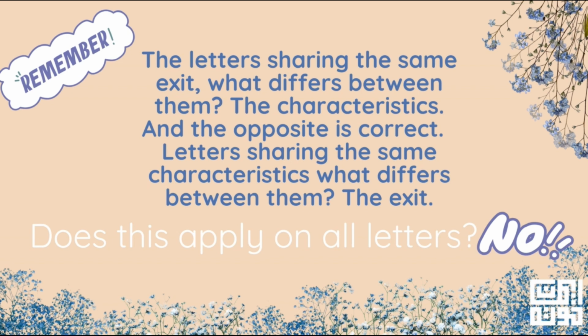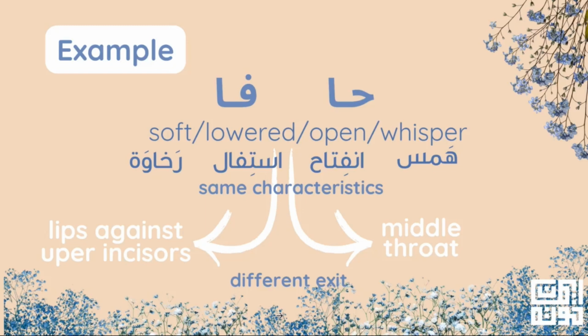But let us have an example here. In the case of the letters ha and fa, both share the same characteristics. They are both soft, lowered, open, and whispered. They both have hams, infitah, istifal, and rakhawa.